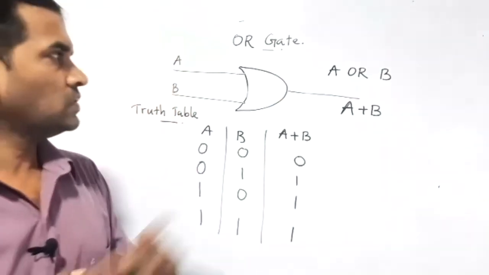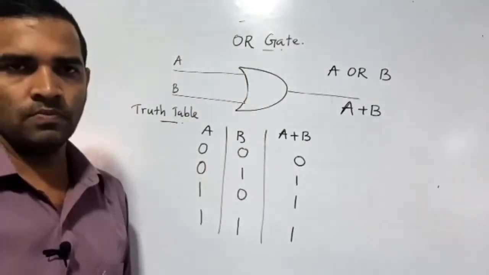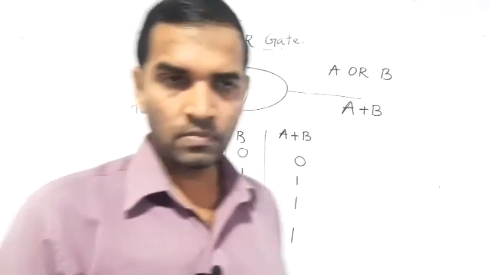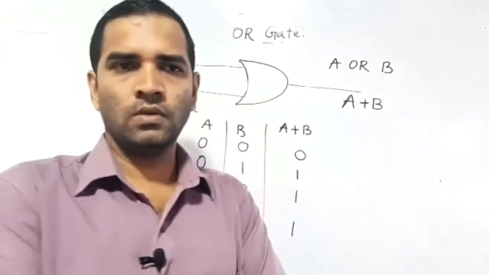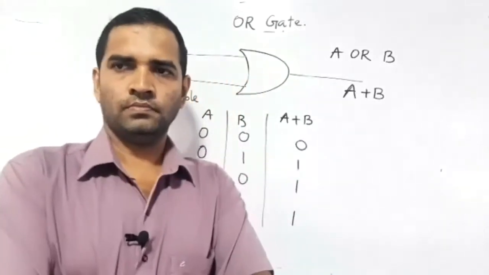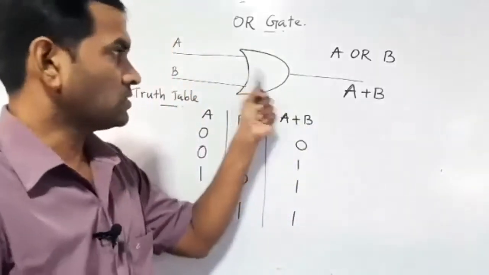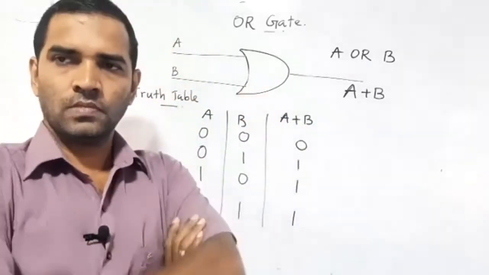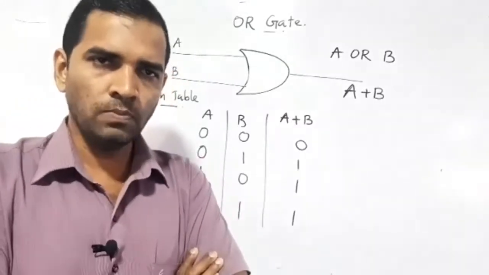Right? So this is the symbol of the gate, and this is the truth table. Now put the heading OR gate, capital OR, and straight away draw the symbol first. Make sure that you draw with pencils.